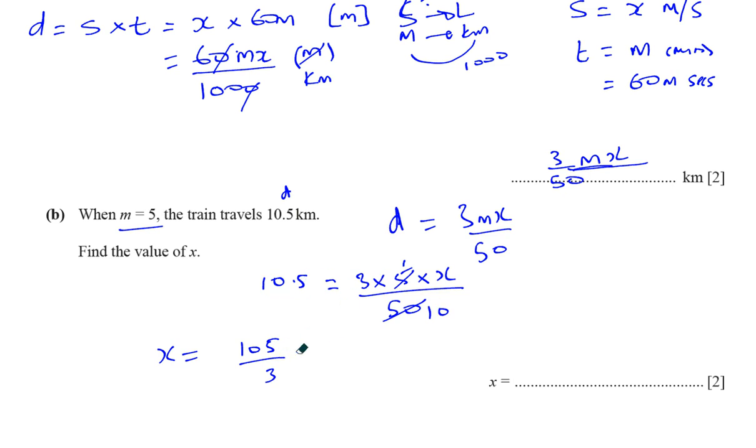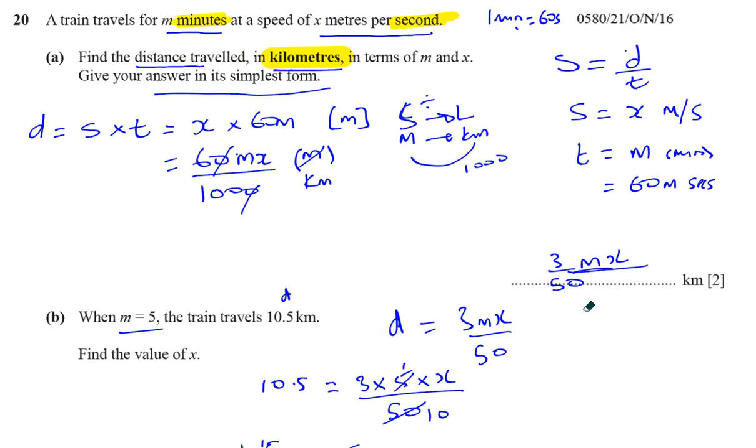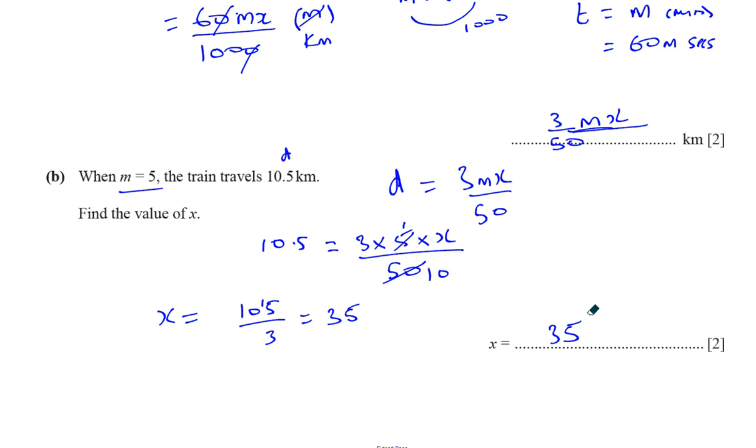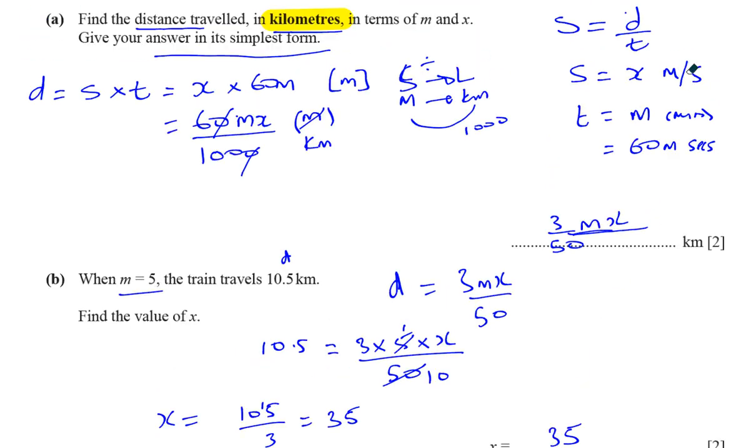So x is equal to 105 over 3. 3 goes into 10 3 times, remainder 1. 3 goes into 15 5 times. That's right, 90 plus 15, 105. So x is equal to 35. Okay, so that would be x. What was x? X meters per second, that would be the speed. Okay, so there we have our answer for this question. I hope that was clear.